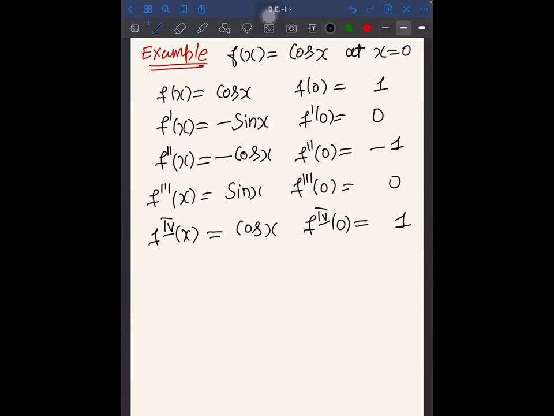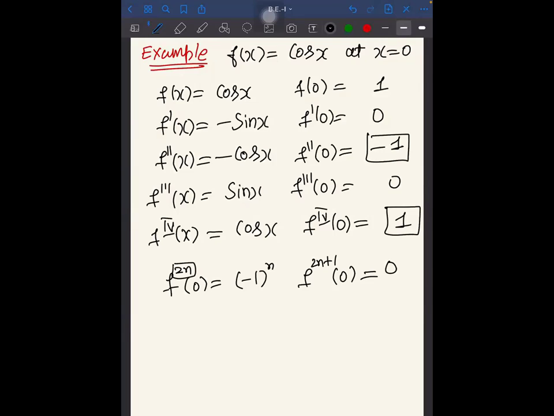So you know how the derivatives behave: if you take the 2nth derivative at 0, it becomes minus 1 raised to power n. But the odd derivatives are all 0, because they have a sine expression. If you take even derivatives, they become minus 1 or plus 1.